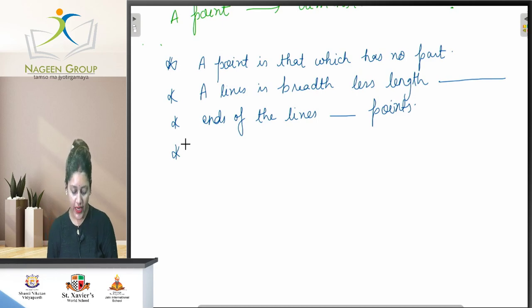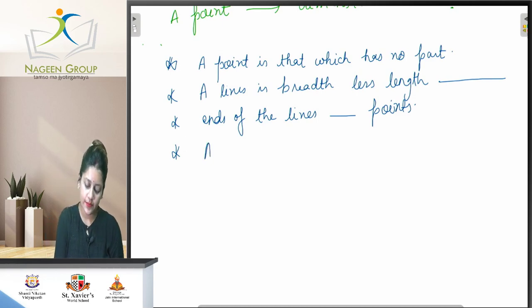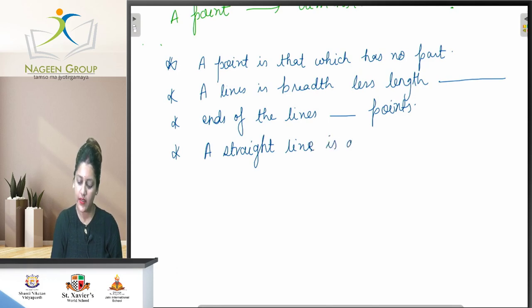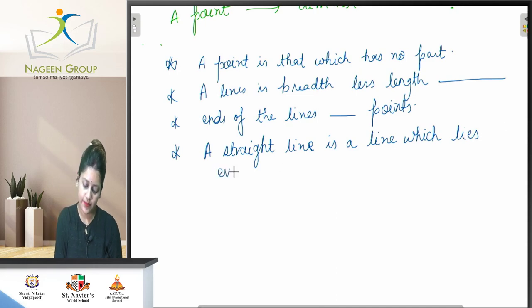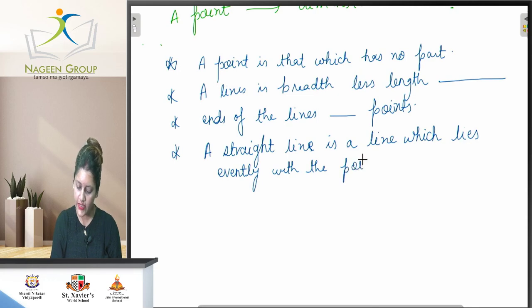After that, a straight line is a line which lies evenly with the points on itself.